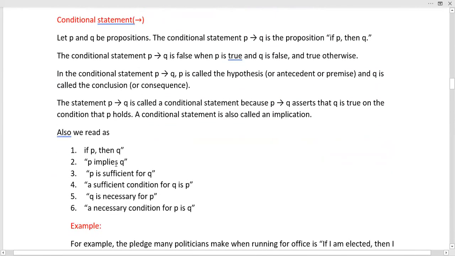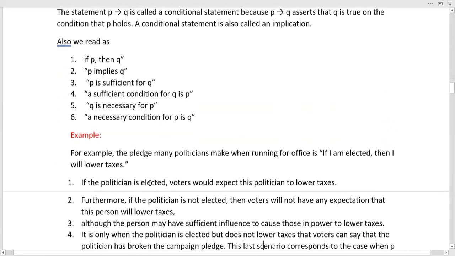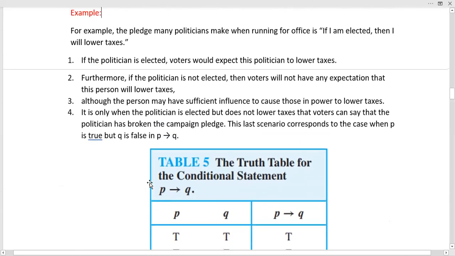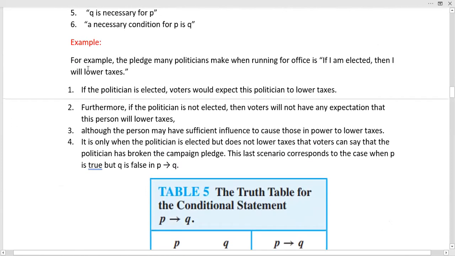These are similar meanings. Just see this example here. For example, the pledges many politicians make when running for office. That means at the time of campaigning before the election, you already know many politicians go campaigning. Am I right?